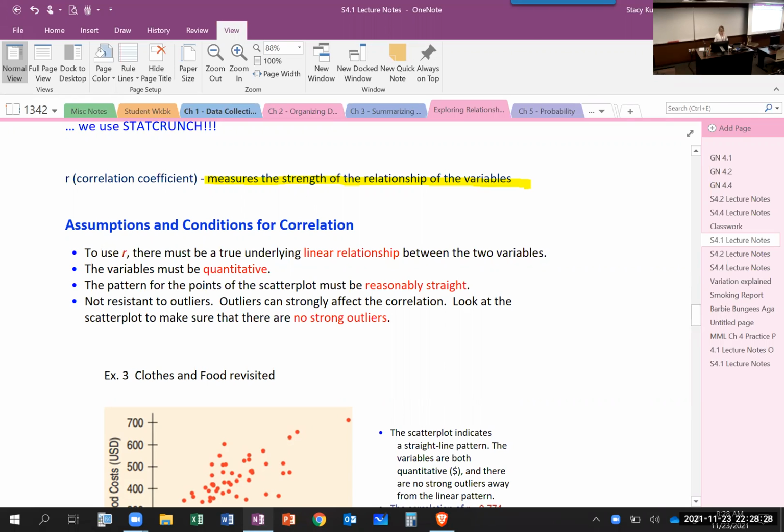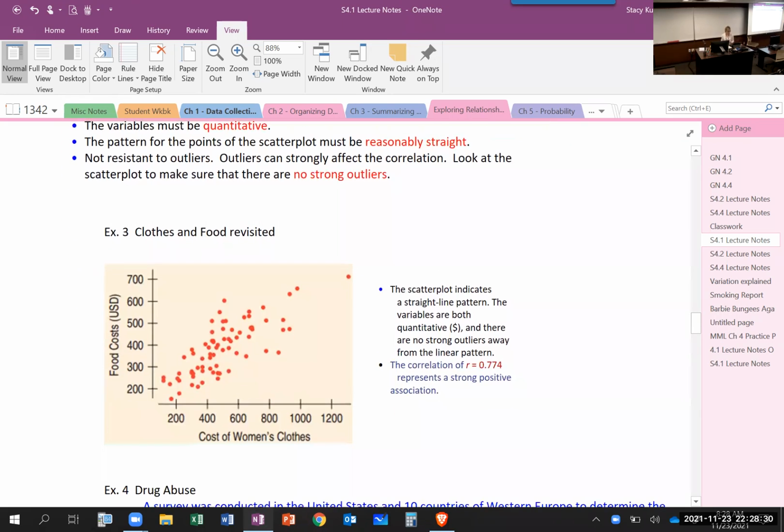Let's go back for just a second and look at that one picture we were talking about earlier, the cost of women's clothes and the food costs. We already determined that it was somewhat linear in nature.